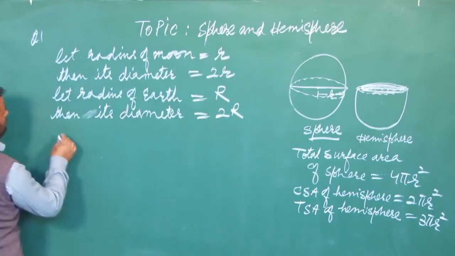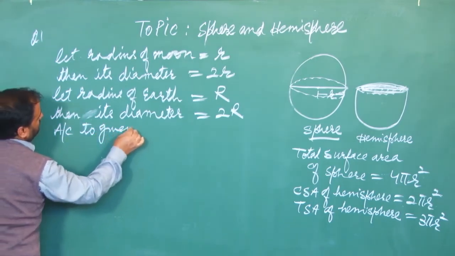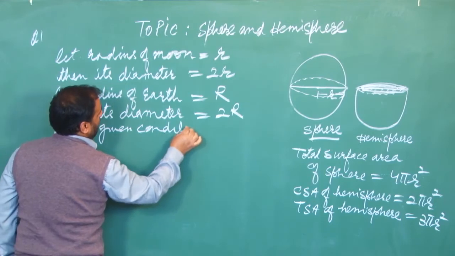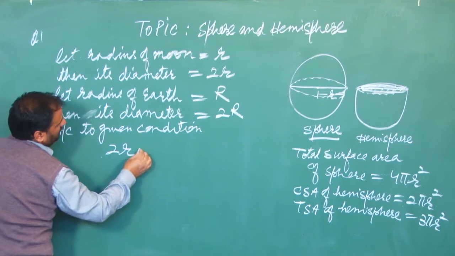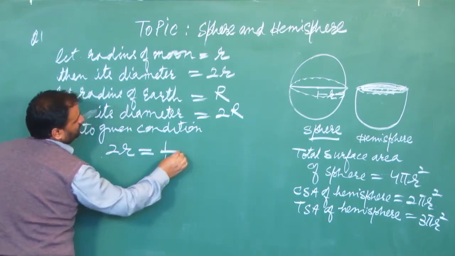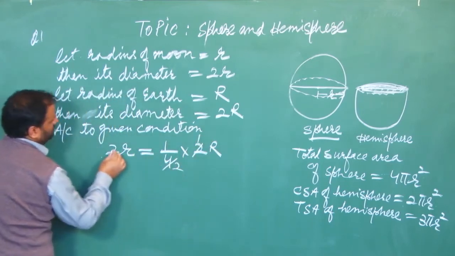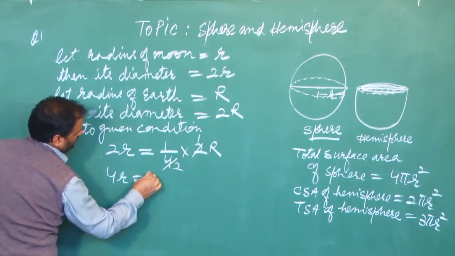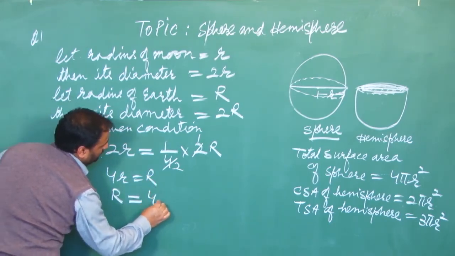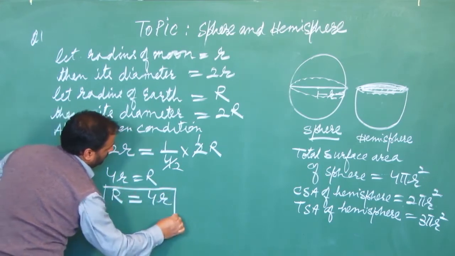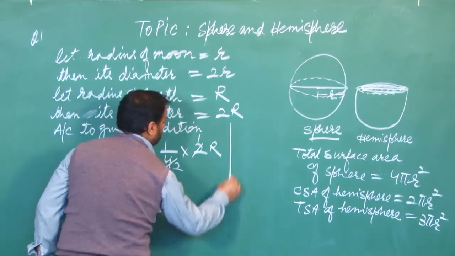Now, according to the given condition, the diameter of moon, that is 2r, is 1/4 the diameter of earth, that is 2R. On transposing, it's 4r is equal to R, which means that radius of earth is 4 times the radius of moon. So keep it as equation, keep aside, we need it later on.